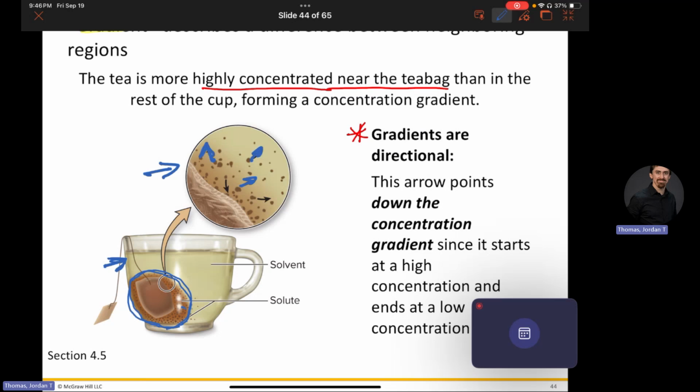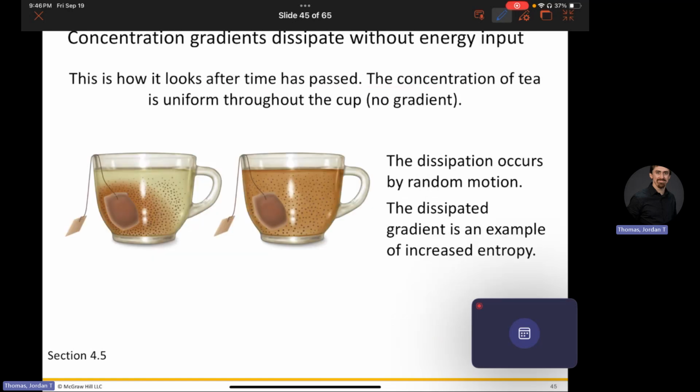We slowly have this tea spreading out throughout the cup. We're going from a high concentration, a high amount of tea, to a low concentration, a low amount of tea. So a gradient, again, is a difference in the amount of a substance, and gradients always have the direction from high to low.